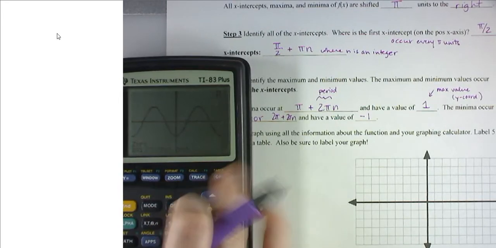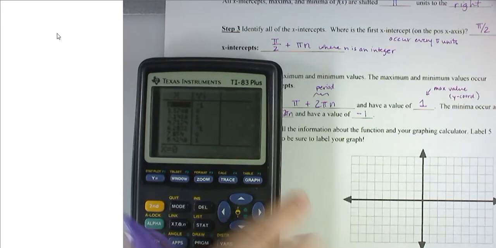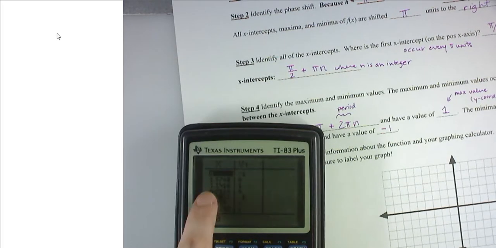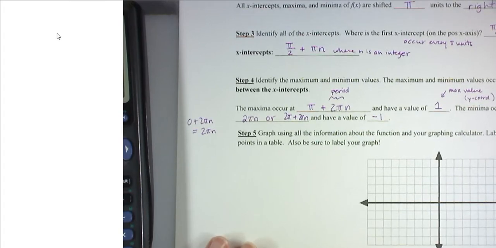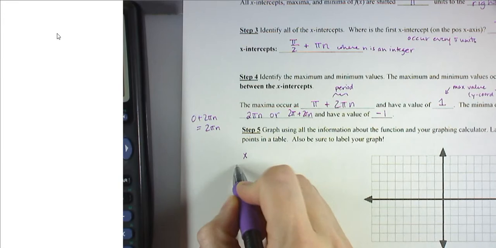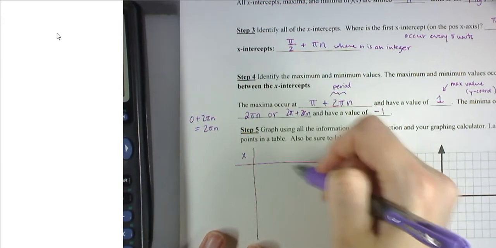That's going to give you a nice graph. I'm also just going to show you how you can take the values of the original and then transform them. So you have x, the cosine of x, and then what we're going to graph is the cosine of x minus pi. So we're just going to be moving that over pi units to the right.